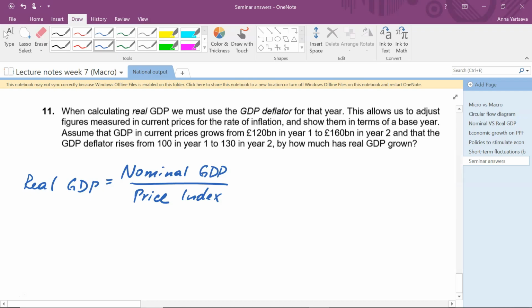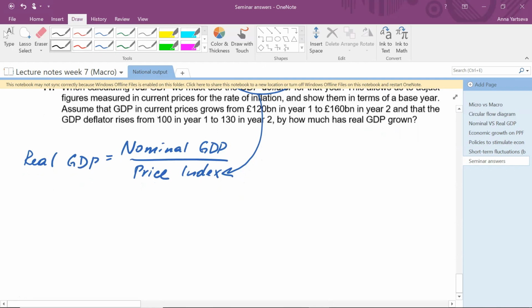So GDP deflator is one of the price indexes. Let's have a look at what information we've got. GDP in current prices grows, which means it's a nominal GDP, from 120 in year 1 to 160 in year 2.